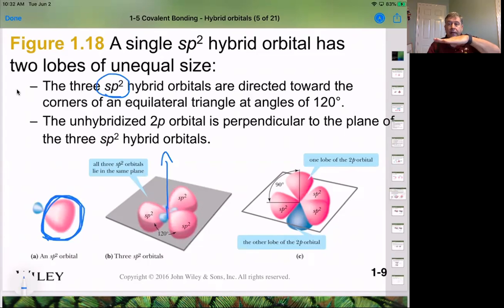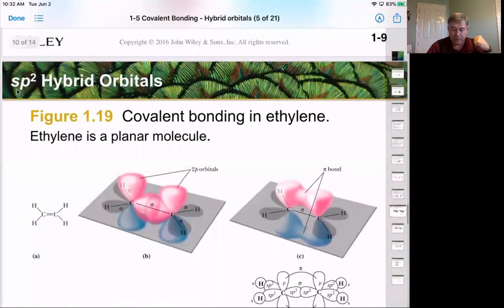So you can think about it as your sp2 hybridized orbitals are on this plane, and now you have a p above and below that plane where you can bond to, okay? So that means this one that's in the plane is going to do the direct bonding, the sigma bonding, and that p orbital above and below the plane is going to do this parallel orbital bonding. Okay, so let's take a look at that, okay?